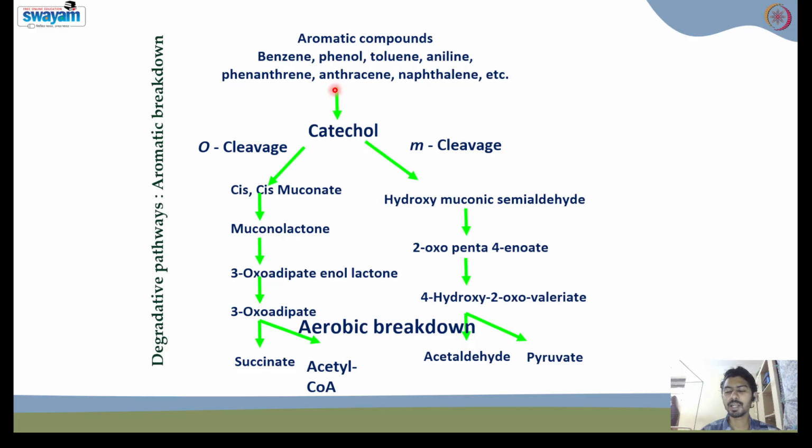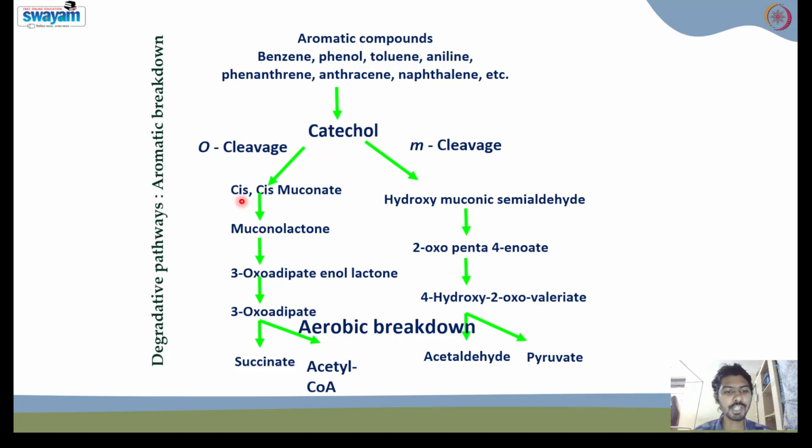The intermediary product diol will be formed, and this diol will be converted into catechol through dehydrogenase enzymes. Once the catechol is formed, this is the common step that occurs across different aromatic compounds. First, if the catechol structure is cleaved at the ortho position, then this degradative pathway will occur.